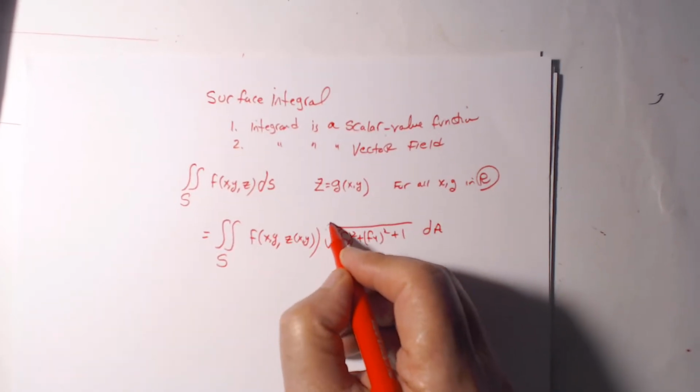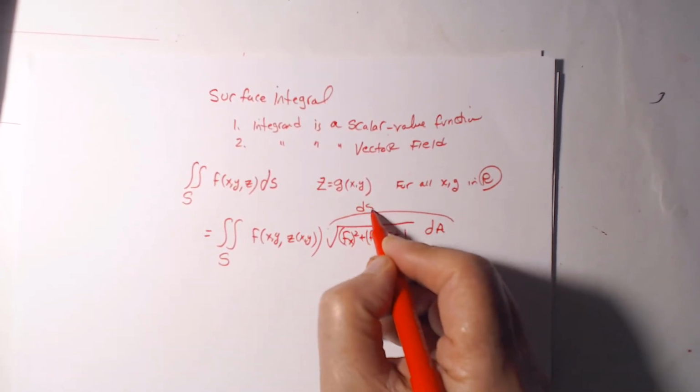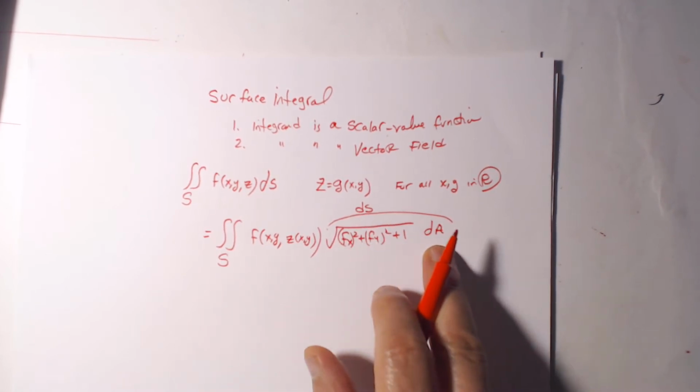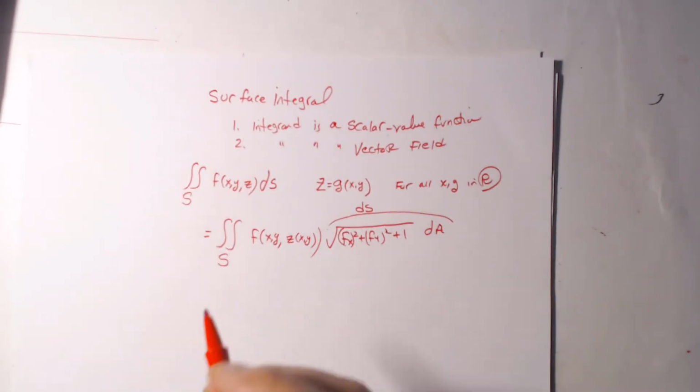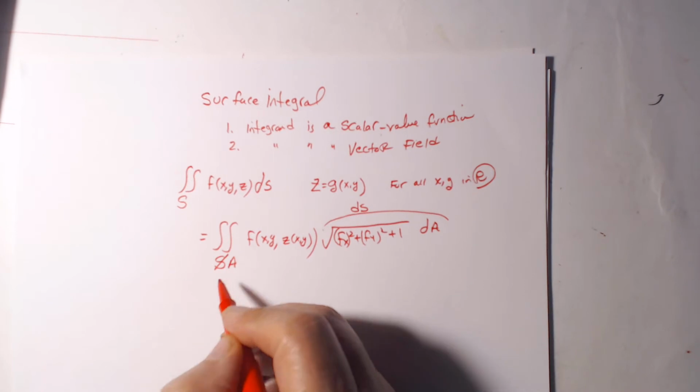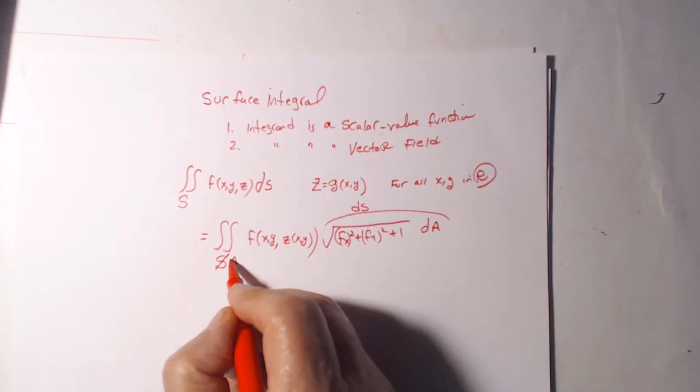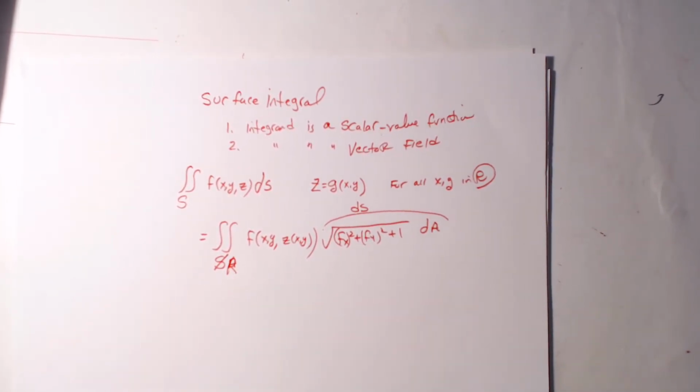Here I should have put dS, but the minute you replace dS with the surface area, that S must be changed to the area of the region.